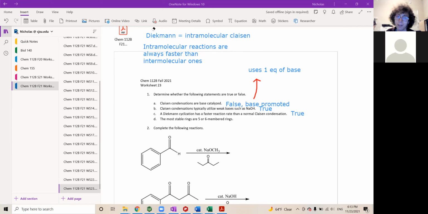And last one is D. The most stable rings are 5 and or 6-membered rings. And this is something you saw in 112A. Like how stable different sized rings are.